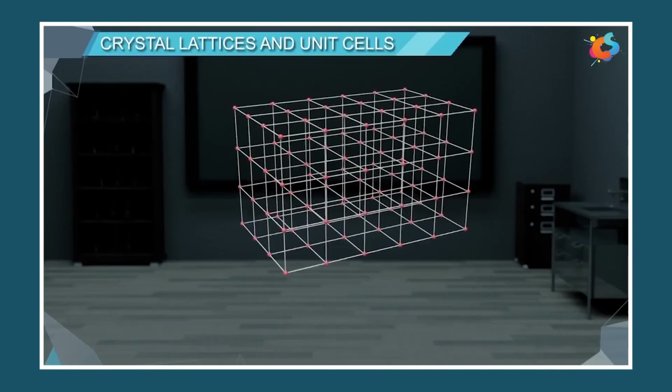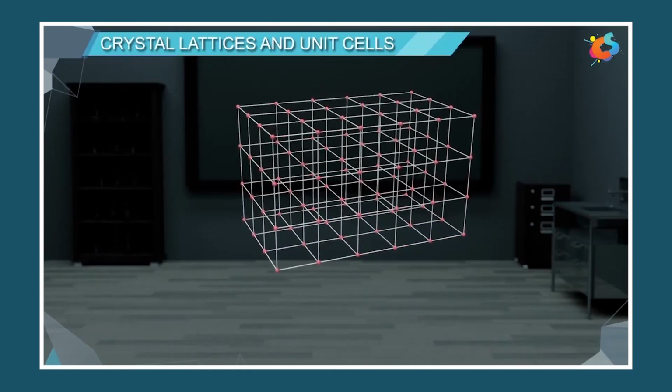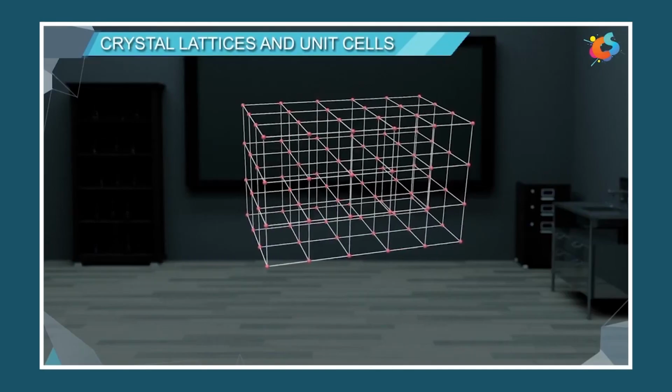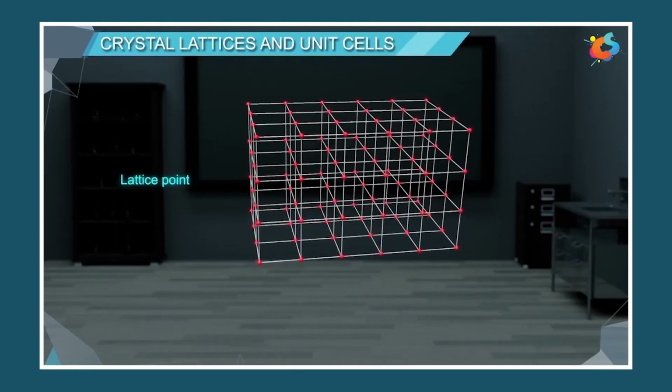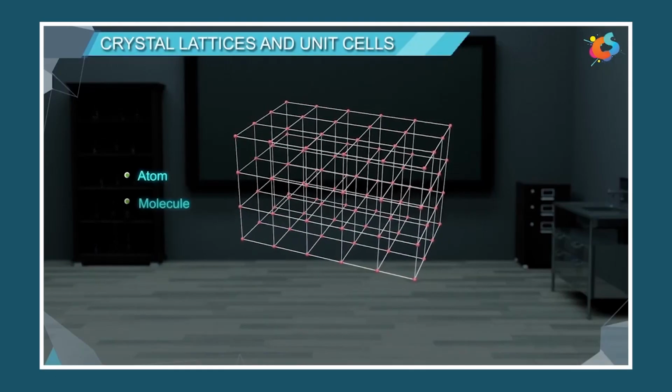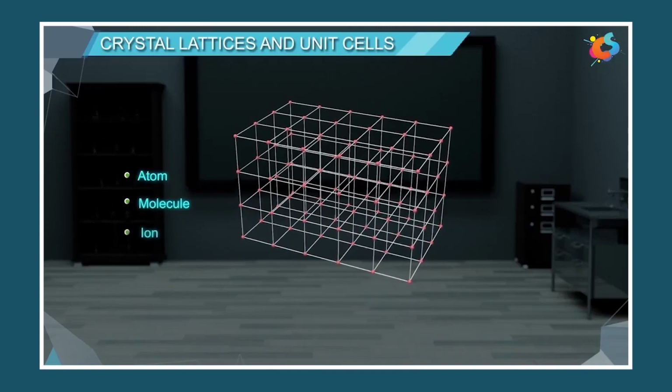Thus, a regular three-dimensional arrangement of points, that is the constituent particles in space, is called a crystal lattice. The characteristics of a crystal lattice are: each point in a lattice is called a lattice point or lattice site, and each point in a crystal lattice represents one constituent particle, which may be an atom, a molecule or an ion.